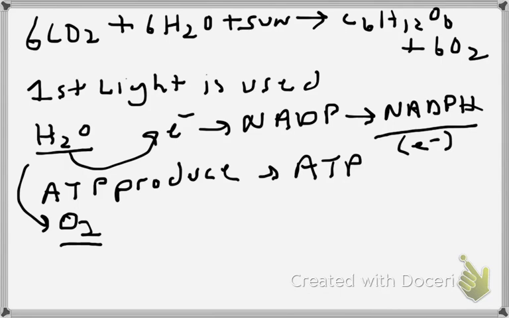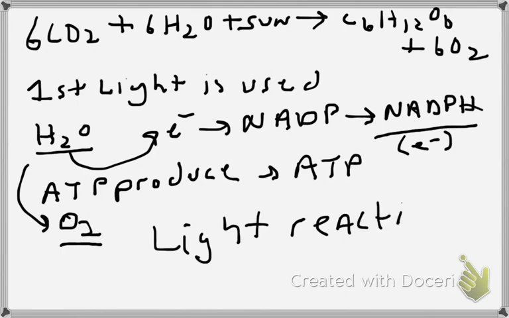So those are the light reactions. That means in one half of the reactions you're collecting electrons and energy. So these are called the light reactions. And these reactions actually happen in the thylakoid, in the thylakoid membrane to be exact.